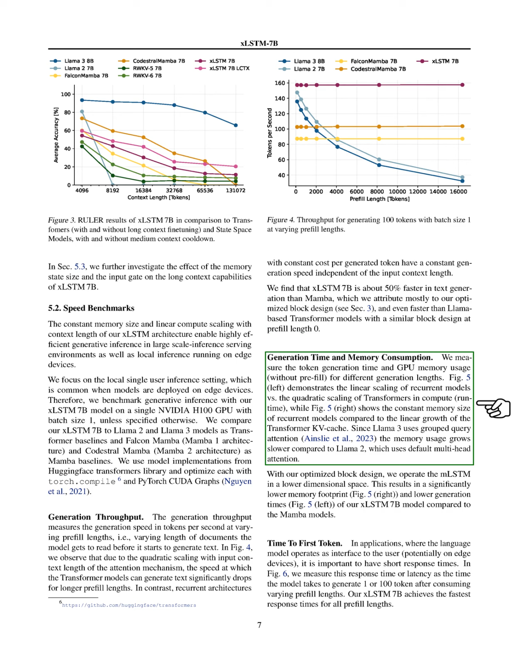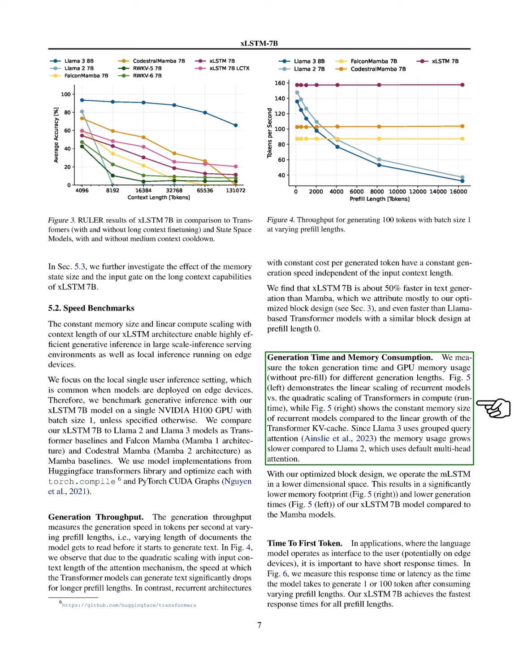Finally, we assess token generation time and GPU memory usage without prefill for various generation lengths. Our results illustrate the linear scaling of recurrent models compared to the quadratic scaling of transformers in terms of runtime. Additionally, we note the constant memory size of recurrent models versus the linear growth of the transformer KV cache.